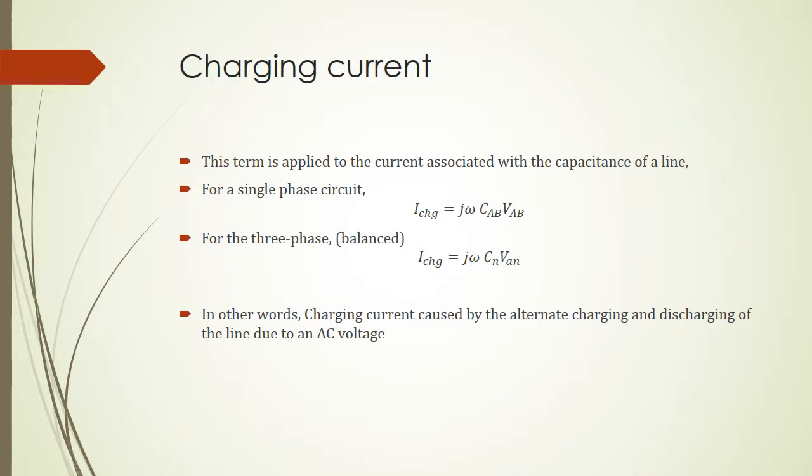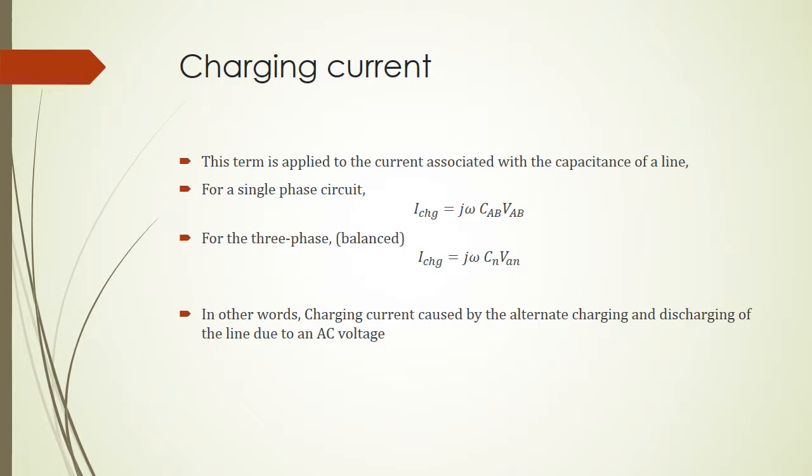Next, we define the charging current, which is the current associated with the capacitance of a line. For single-phase circuits, I charge equals j omega CAB VAB, or VAB over the capacitive impedance Z. For three phase, in case it's balanced, the charging current equals j omega C to neutral times VAN, or the phase voltage.